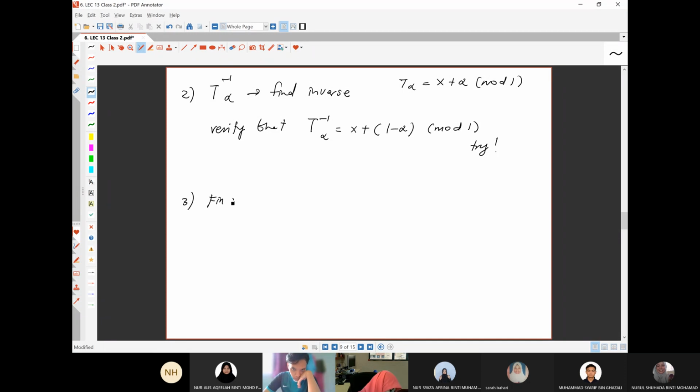Okay, number 3. Now we want to find the entropy, with the same transformation here, T alpha. So now I want to find for alpha is 0.5. What do you have?